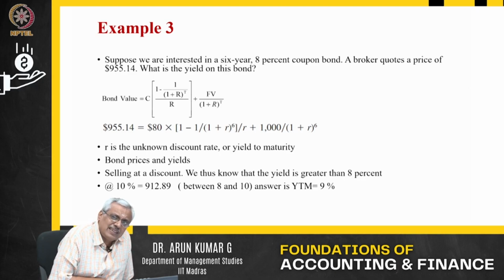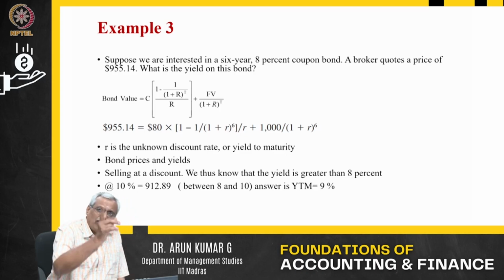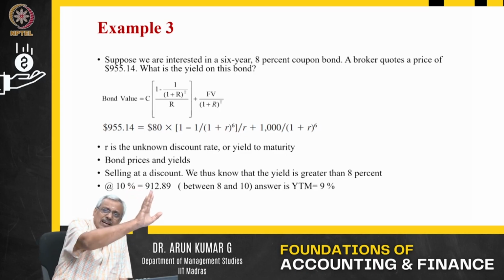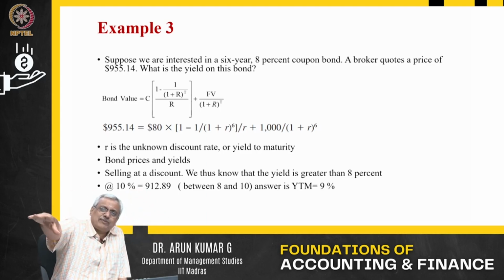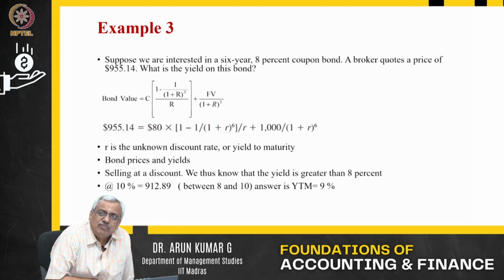When will the bond sell at a discount? The bond will sell at a discount when the YTM, the yield to maturity, the expected return on the bond, is higher than the coupon rate. That is when it will sell at a discount. The broker himself is offering to me at a discount. That means he knows the coupon rate on the bond is not up to the expectation of the market interest rate as of today. So he is offering at a discount.